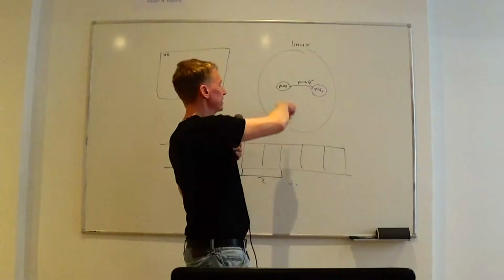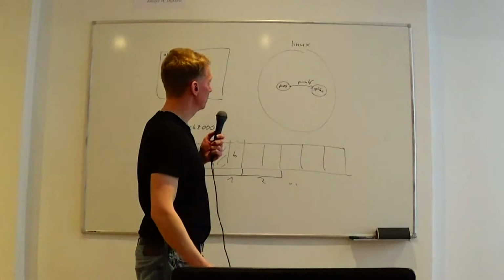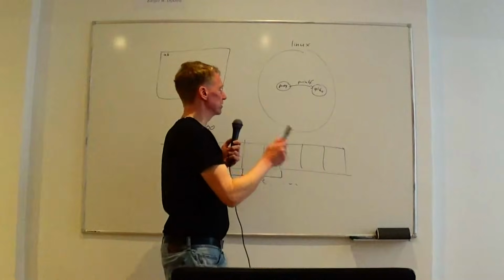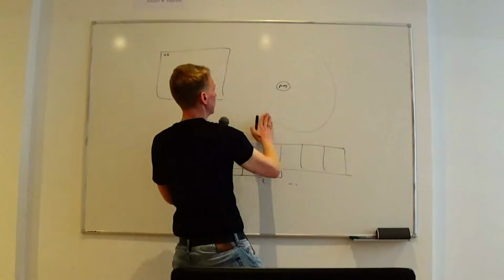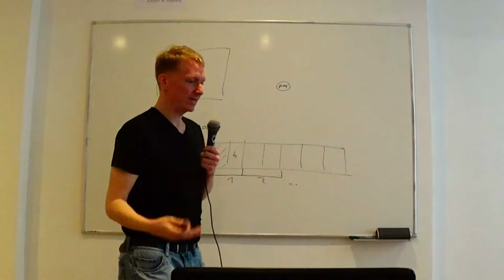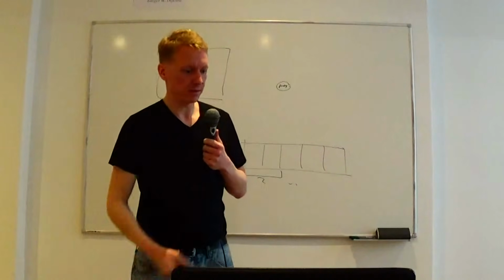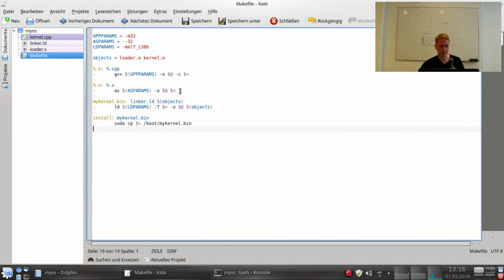But if we try to run this outside of an operating system, it just will not work. So we need to tell the compiler, don't assume that there is a glibc. Don't assume that there is something that deals with exceptions and gives you an answer to the interrupt for dynamic memory management and stuff. We do that in the makefile. We just need to give G++ additional parameters.